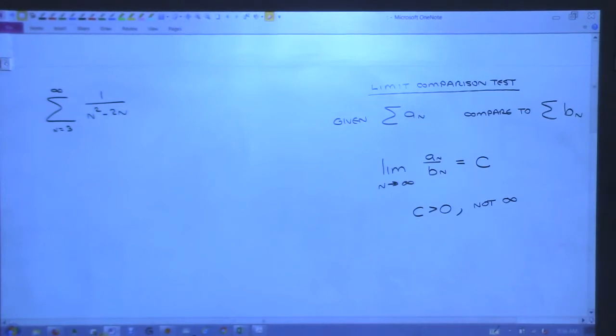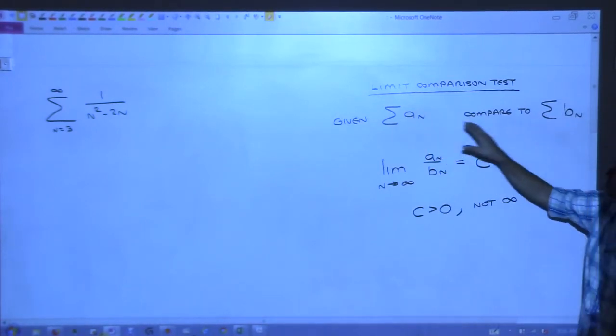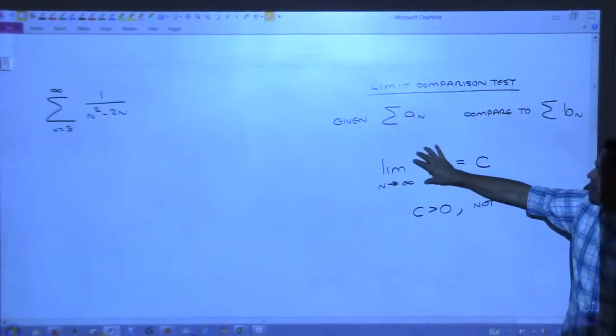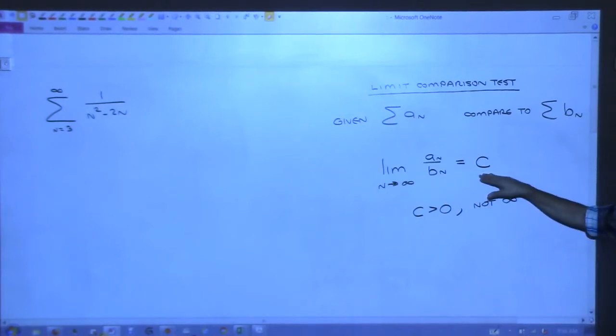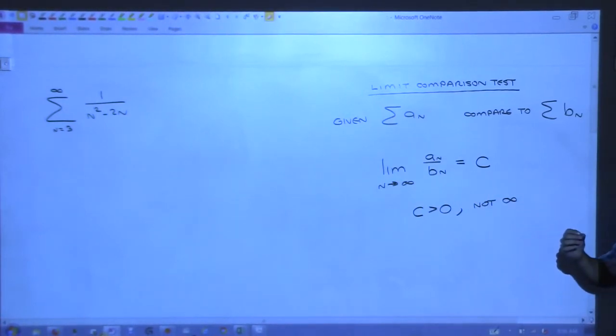Okay, now mechanically all we're going to do is take the ratio of the sequences within the series. We look at the sequence here, we take the ratio, take the limit, hope for a number. The conclusion is this.